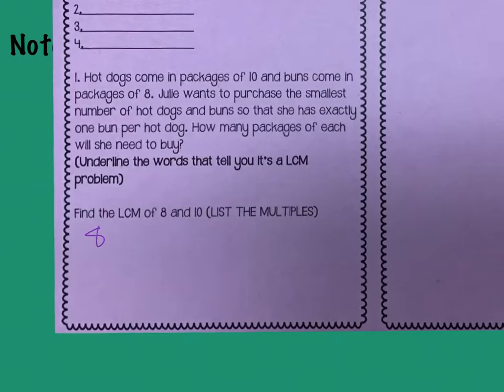So I'm going to write 8 here, 10 here, and then I'm just going to draw a line. And we are going to list the multiples, so we're going to use some times tables here. Let's start with 10 because it's easy. So we got 20, 30, 40, 50, 60, 70, 80, and we'll stop at 80, but it can go on for a while depending on what you're doing.